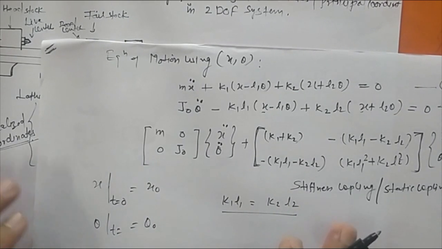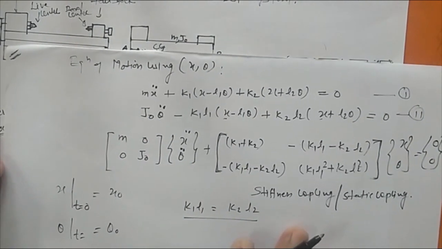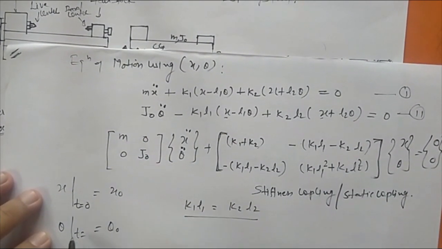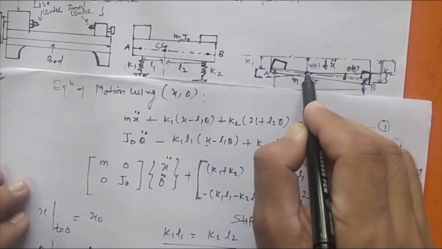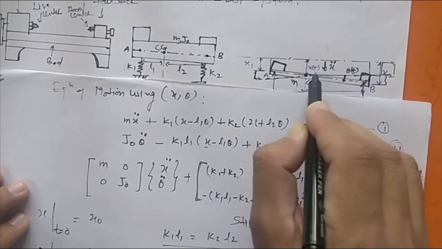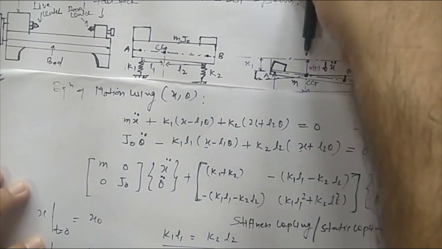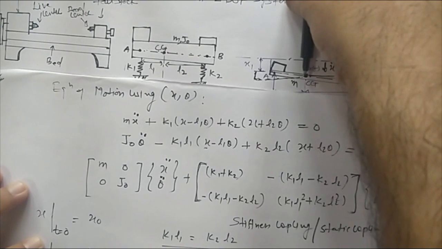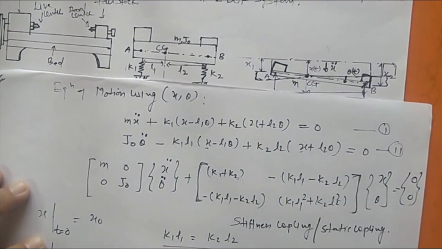At t equal to 0, which type of initial condition are we providing? If there is a coupling between these two coordinates and we provide only x, then theta will also be present. If we linearly displace, or push this point in the downward direction, and there is a coupling, a rotational displacement would be created automatically.